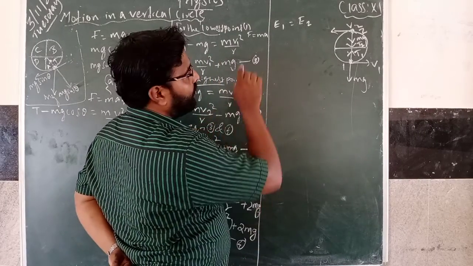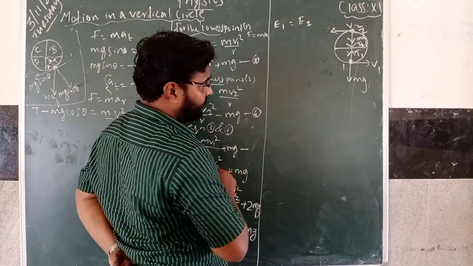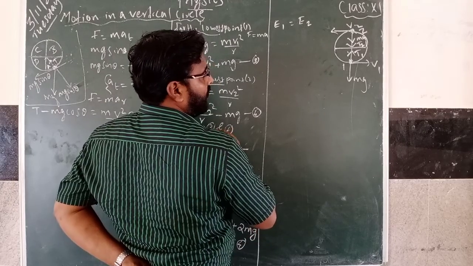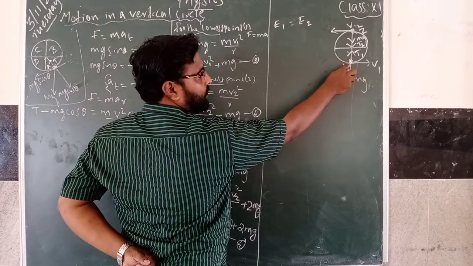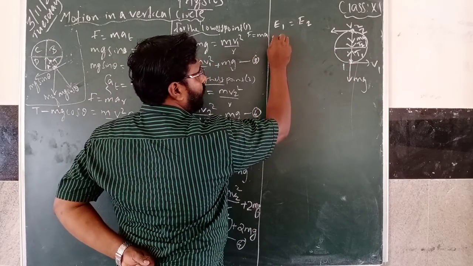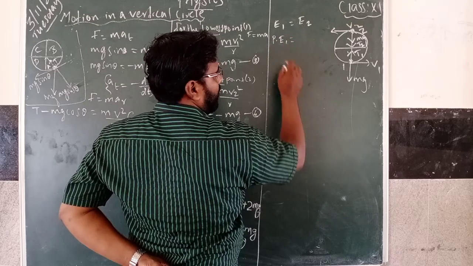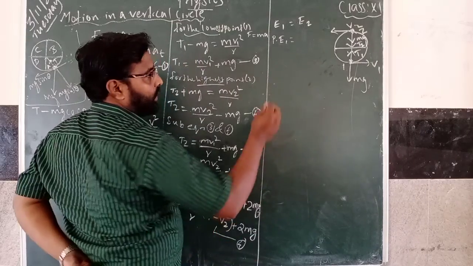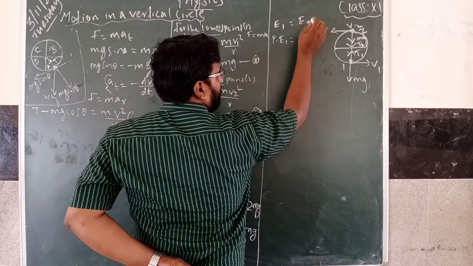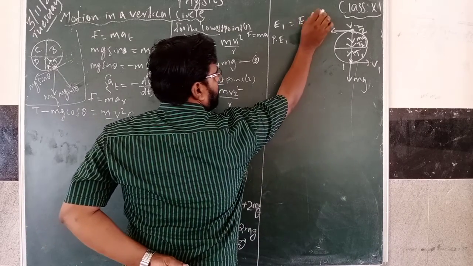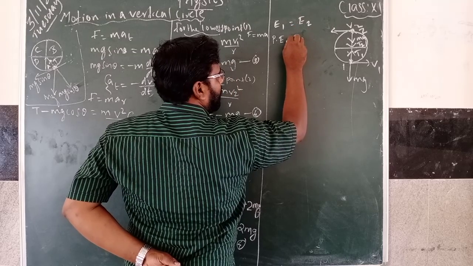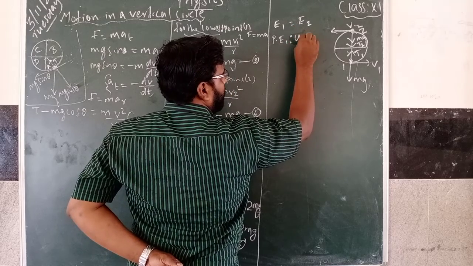So first we can find out the total energy at position 1. What is the potential energy at the point 1? Here any potential energy? No potential energy. So 0. U1 is equal to 0.